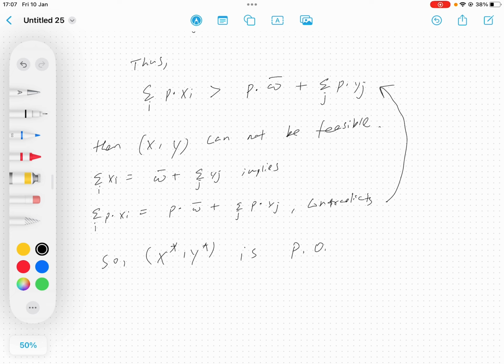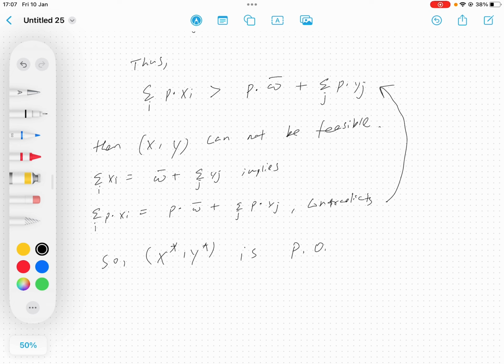All right, good. So that'd be the proof for the first fundamental theorem of welfare economics, okay? Good.